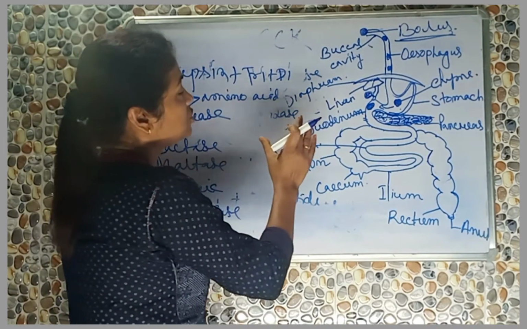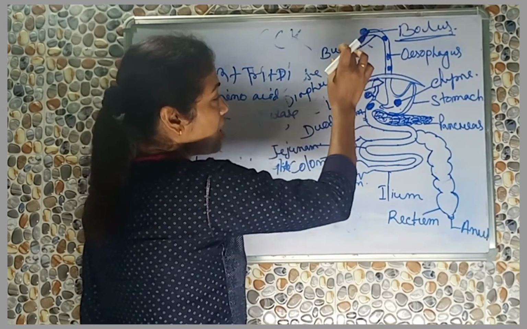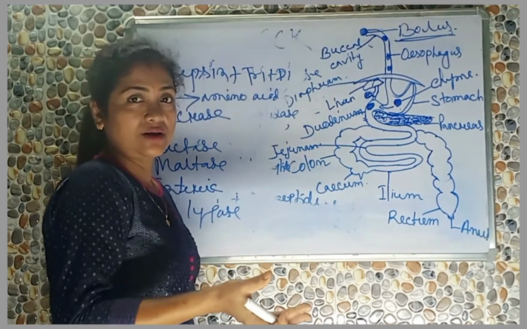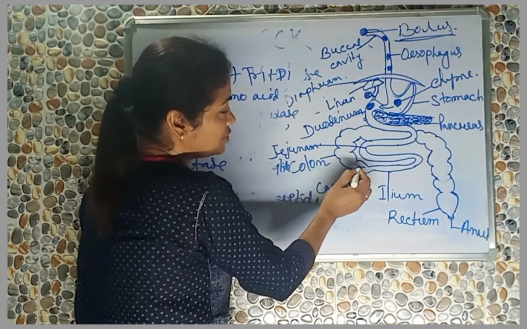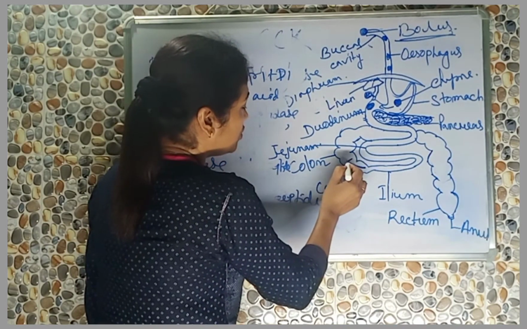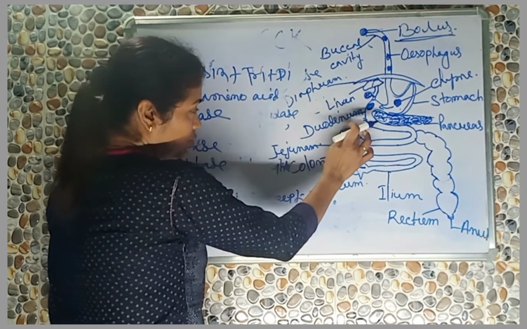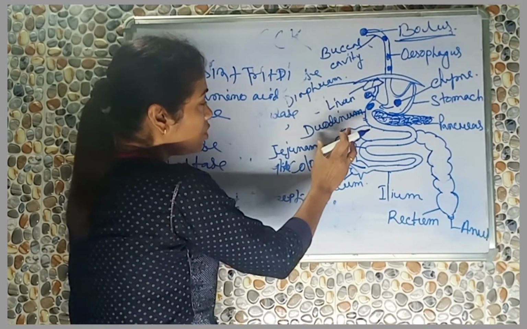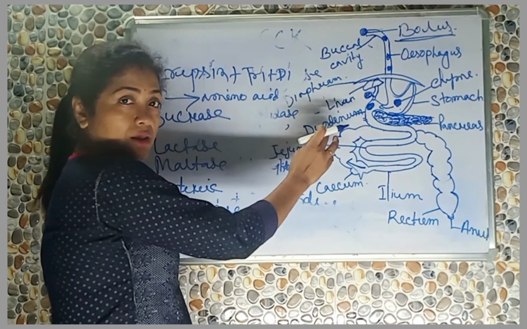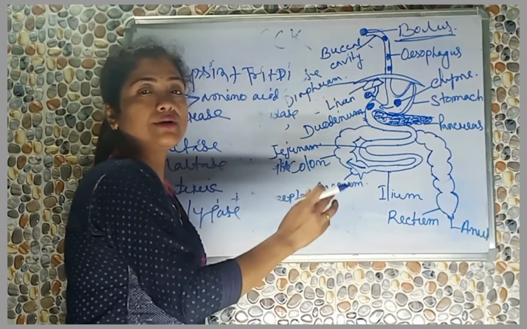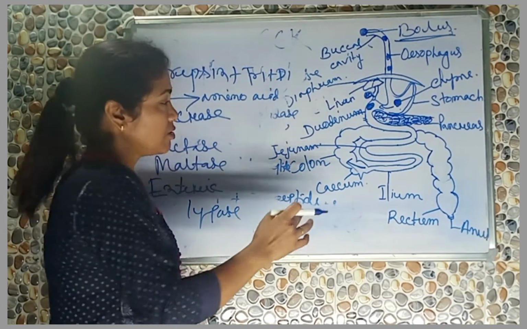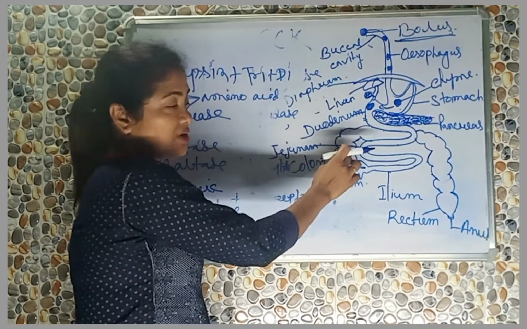And after completion of the digestion, the undigested food particles or waste materials enter into the large intestine. So inside the colon of the large intestine, absorption of water, minerals and sodium occurs, and also fecal matter is formed inside the colon.